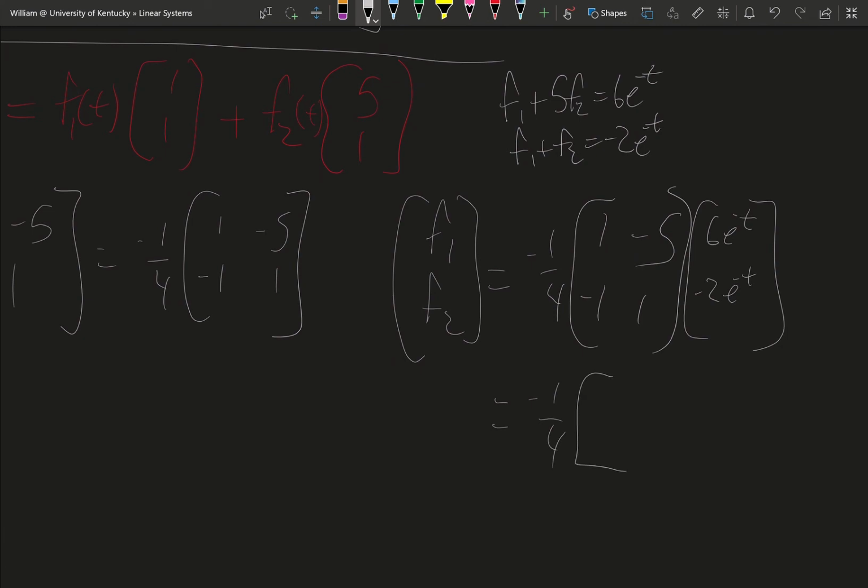So we have -1/4, and then 6 e to the -t plus 10 e to the -t, so that's going to be 16 e to the -t. And then -6 and -2, so -8 e to the -t. Divide through by that -1/4, we should get -4 e to the -t and 2.